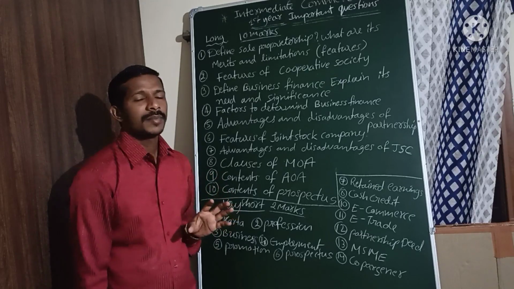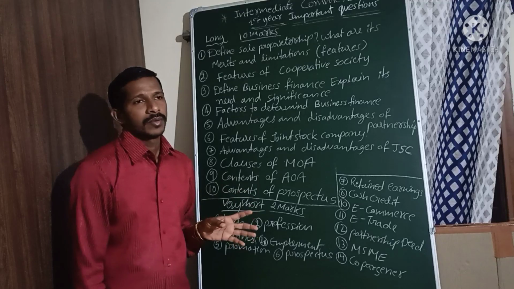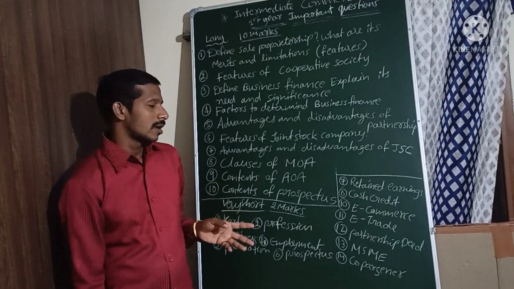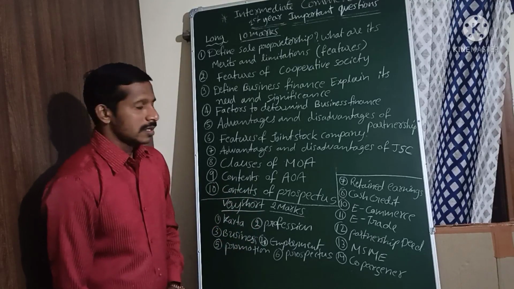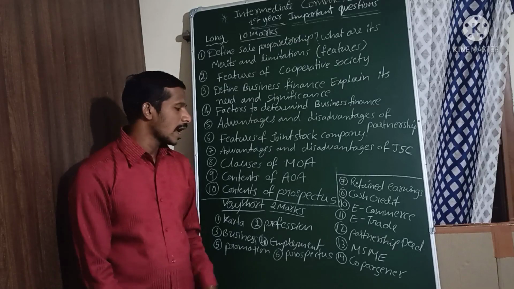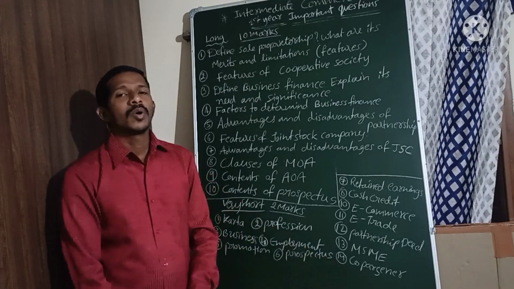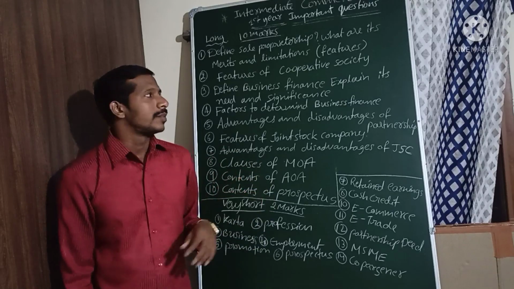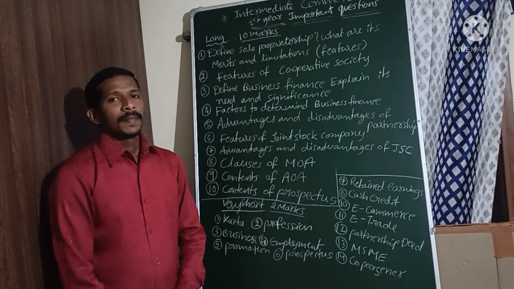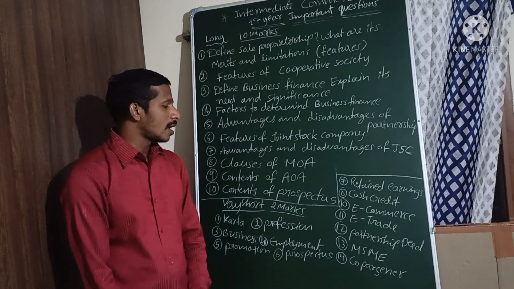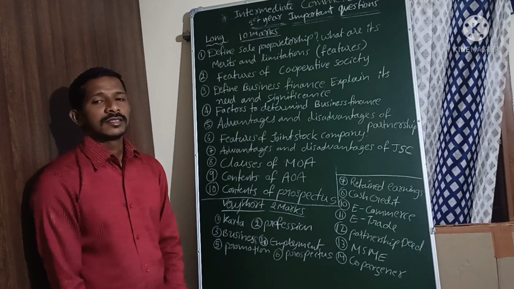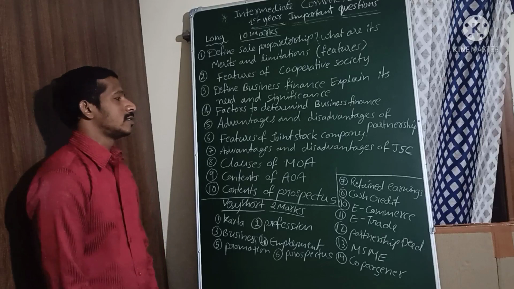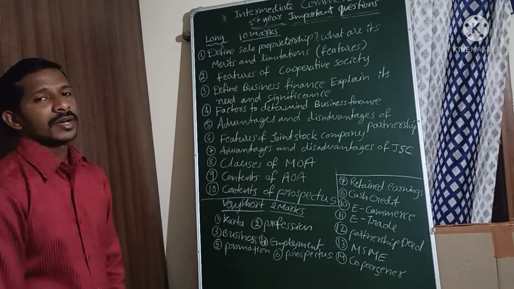Small means a little bit better than micro. Medium means better than small. These enterprises are there in India. And co-parceners. Co-parceners are the other members in the Joint Hindu family business. These are the 2 marks answers. We'll see the 5 marks questions.